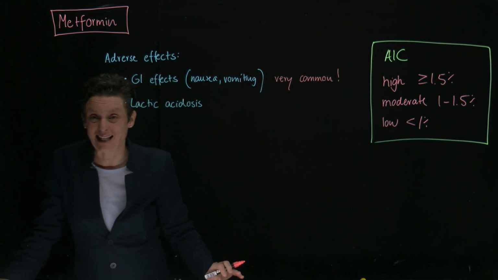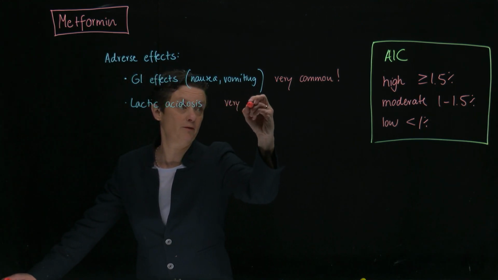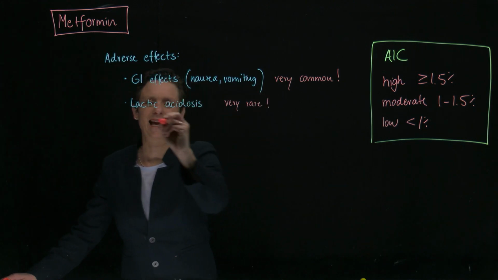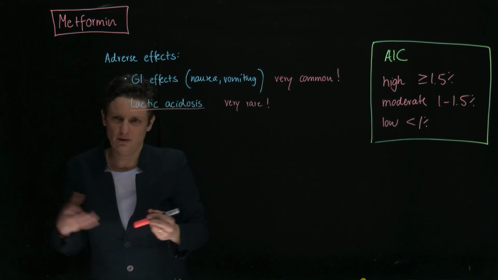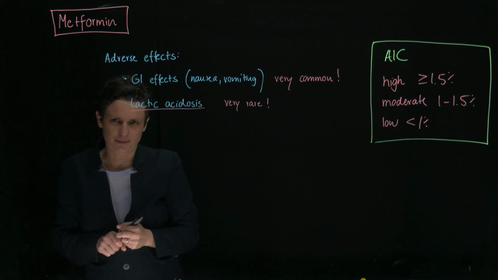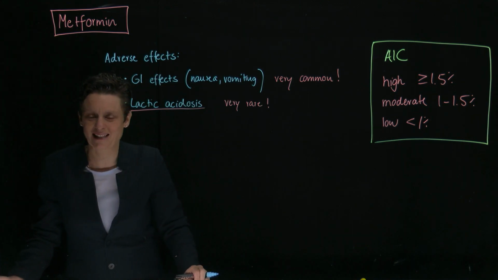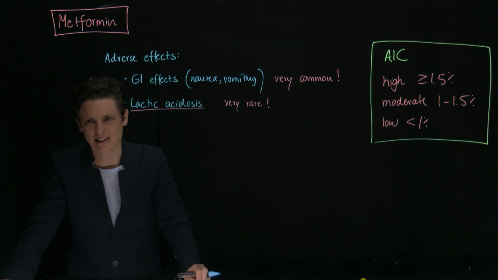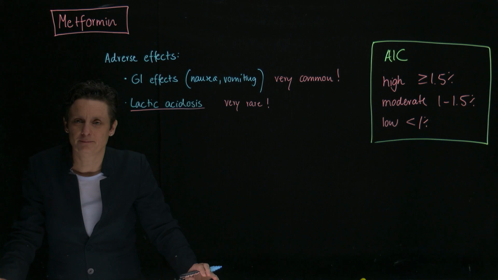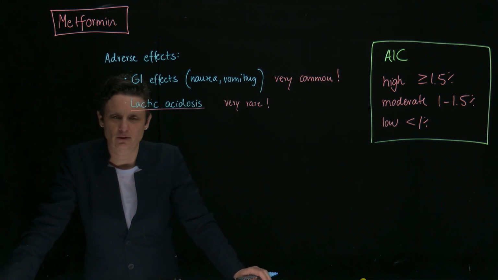Then we have another adverse effect that is very rare, but can be fatal, and that's lactic acidosis. So again, very rare, but you have to know about it. And what happens in lactic acidosis, as the name already implies, your body builds up too much lactic acid, so you're going to have acidosis, and that can lead to multi-organ failure.